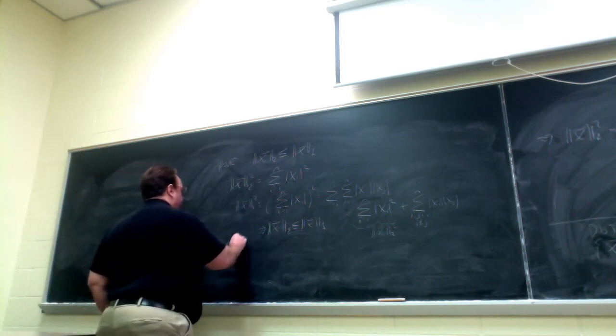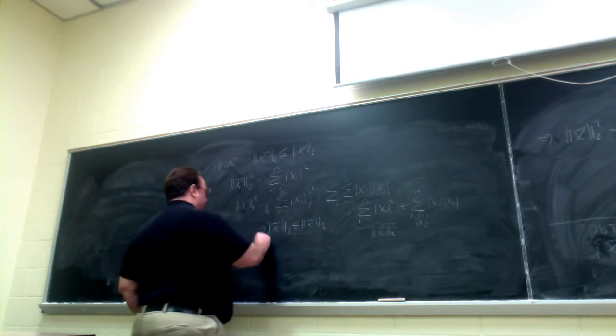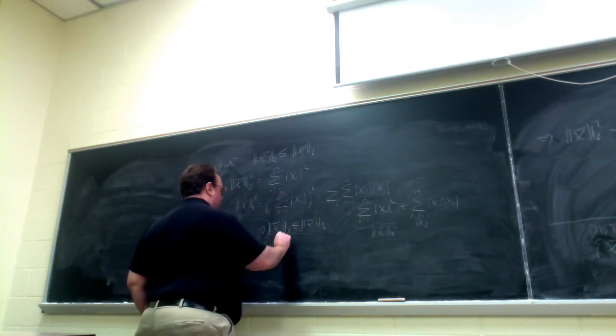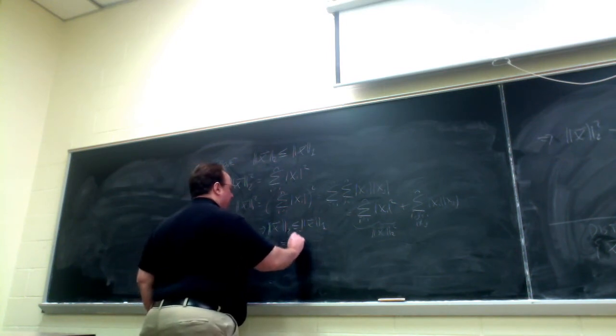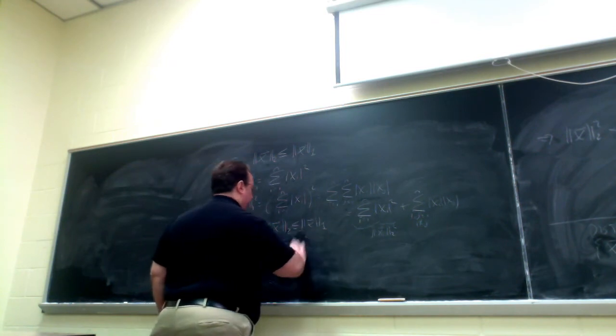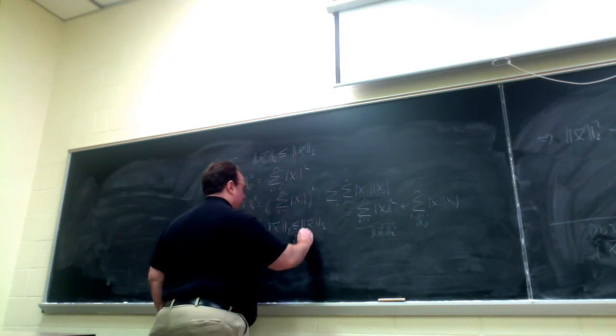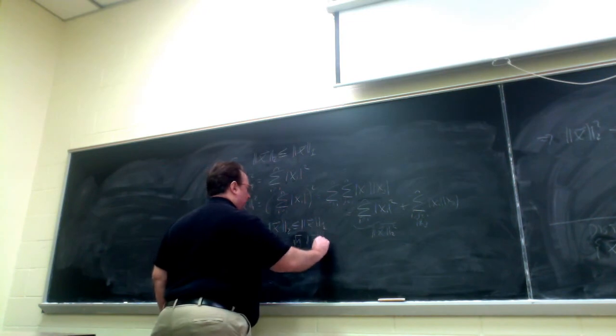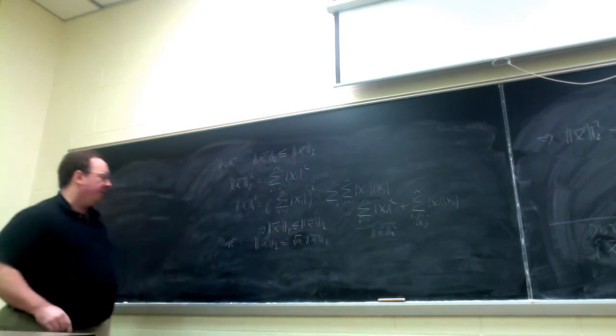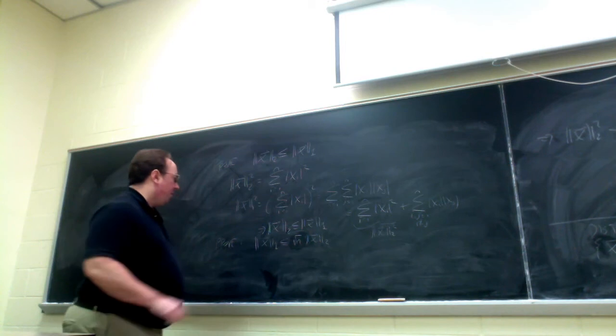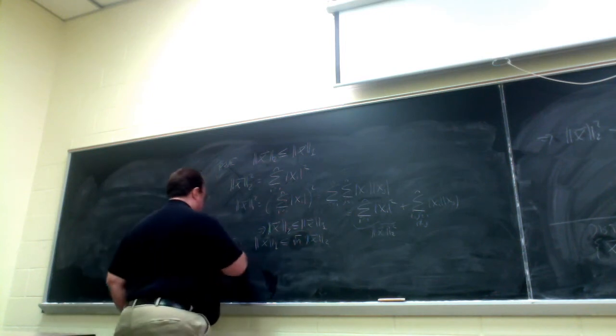And then for the other side of the equivalence relation, to prove that the 1 norm is less than or equal to square root of n times the 2 norm, what I can do is define a vector y.